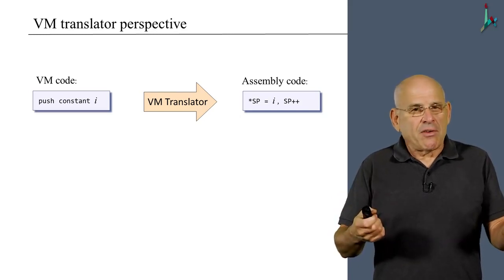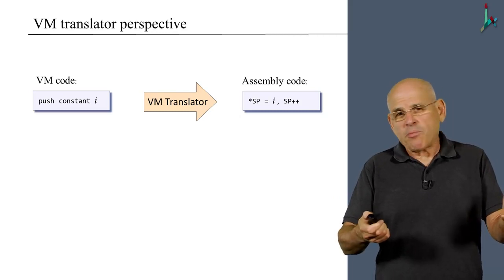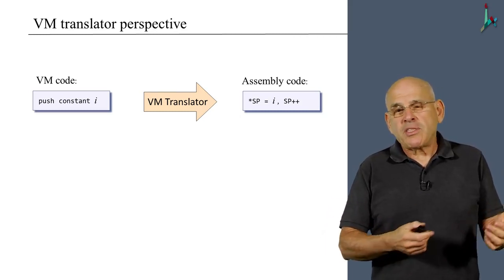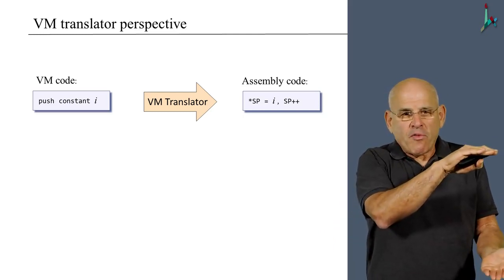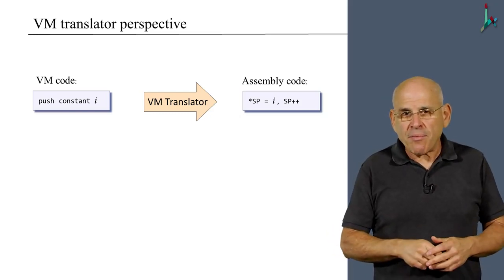The VM translator is going to do it. You have to write a program called VM translator, which you'll probably write using Java or Python. This program will receive as input a stream of VM commands, of which push constant i represents one of them.